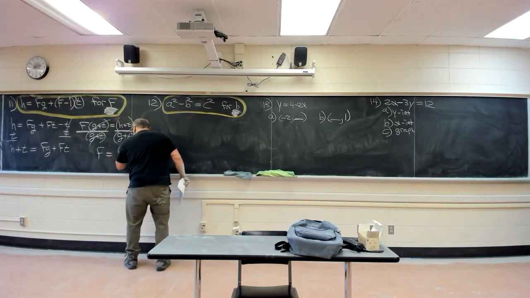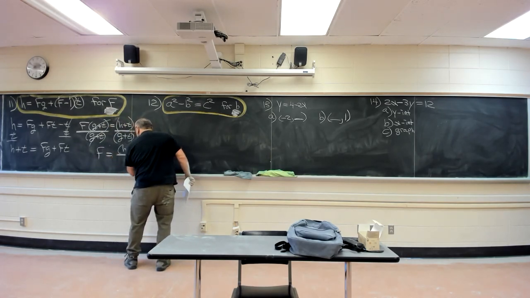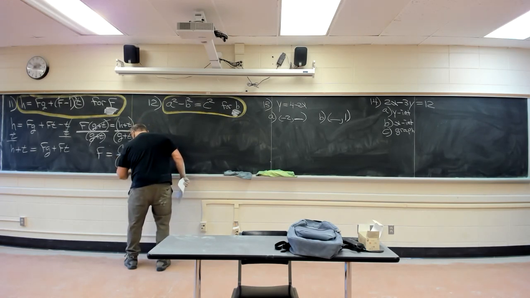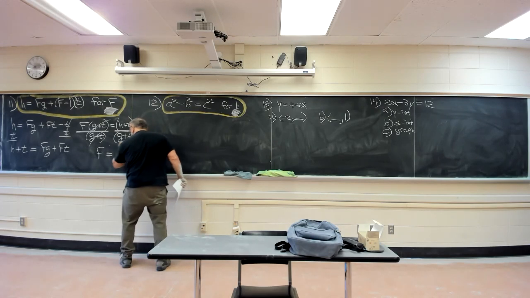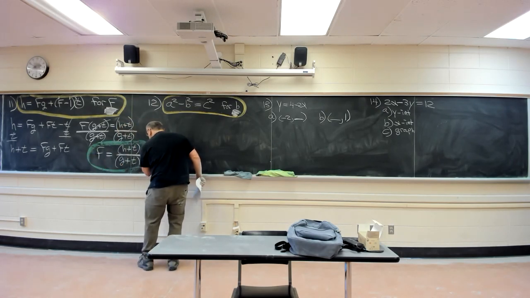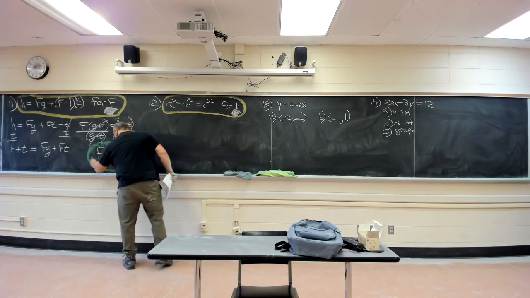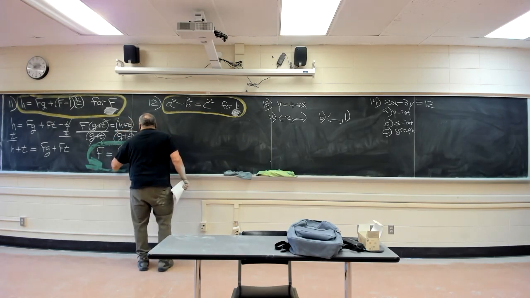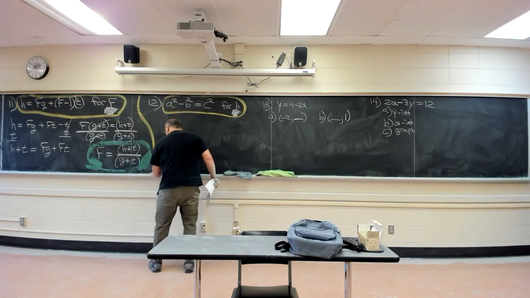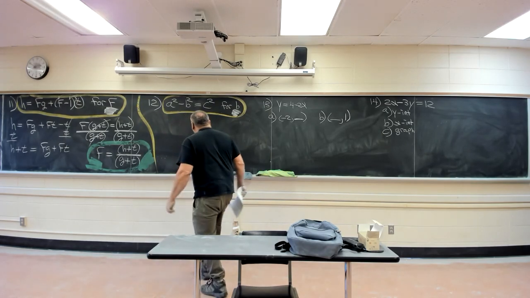F equals the quantity h plus t over the quantity g plus t. Yeah, that's it. There it is.